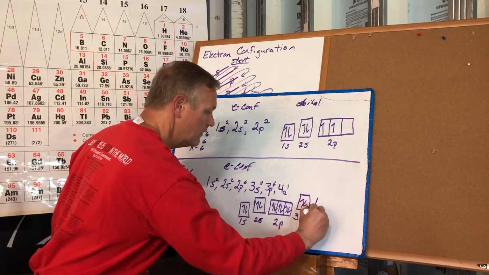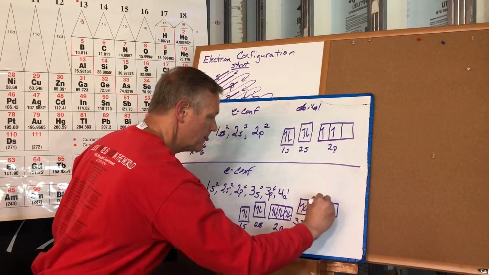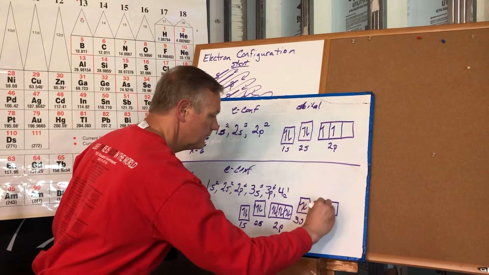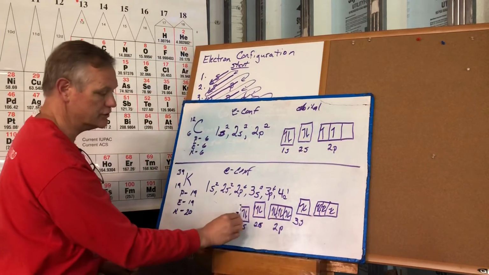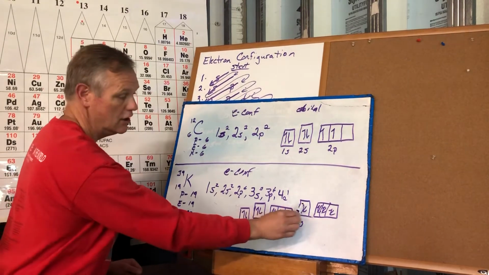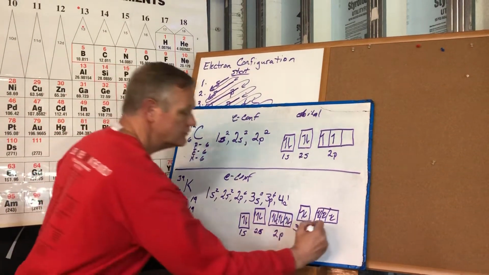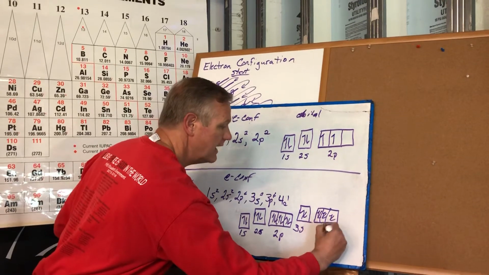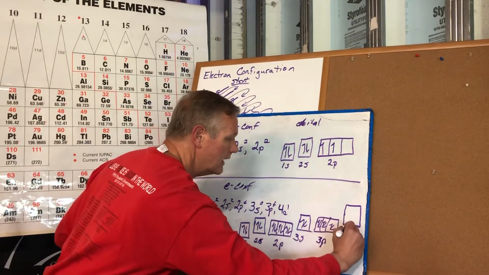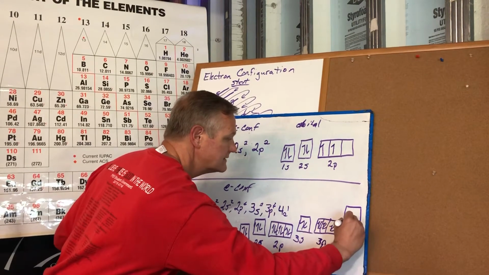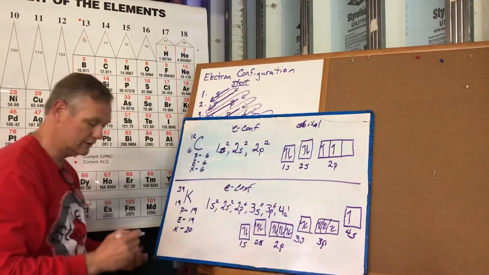And then 3p. And if I look at this so far, it's 2, 4, 10, 12, 18. So I'm not quite finished to my 19. So I need to come back over here and put 4s, and there is 1 electron.